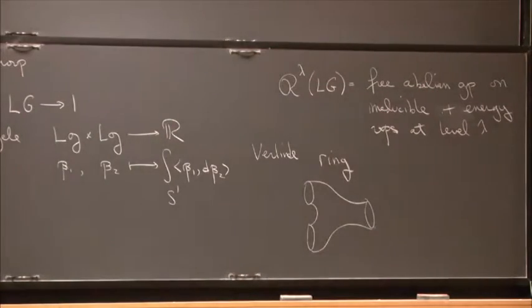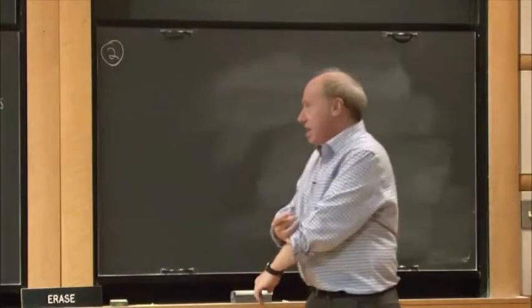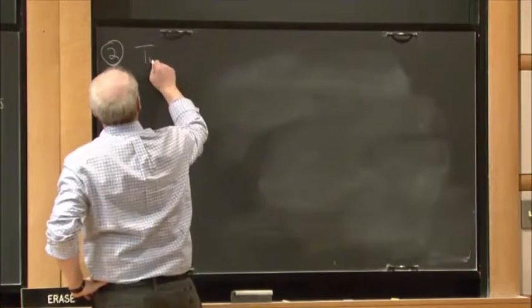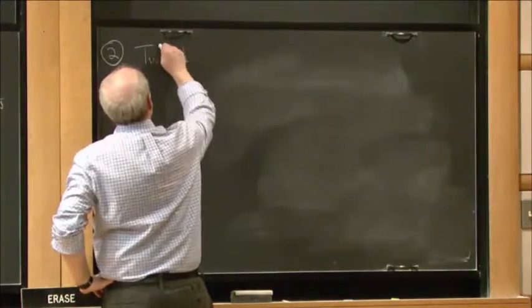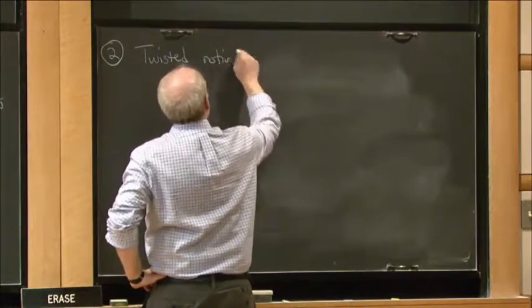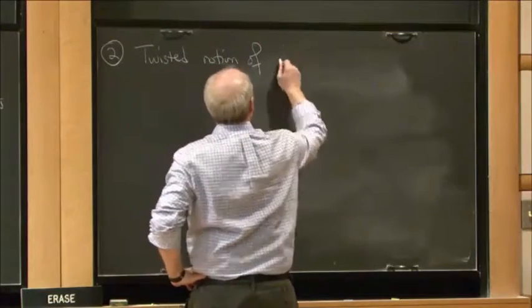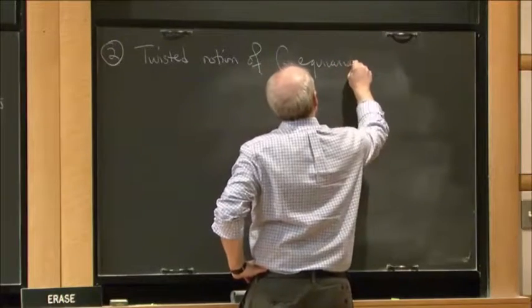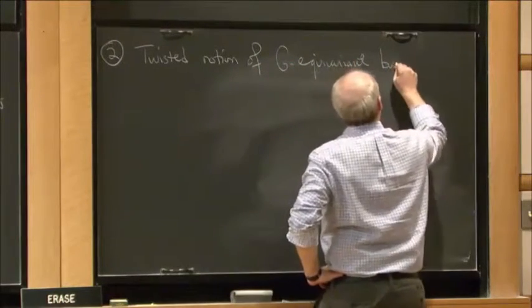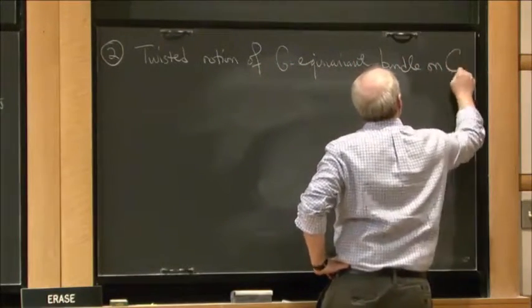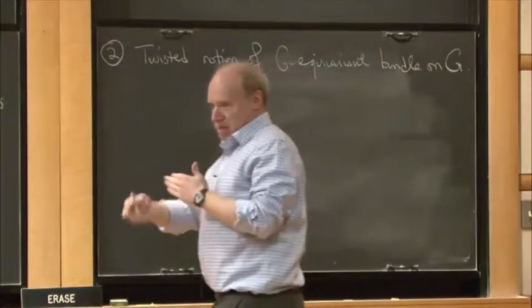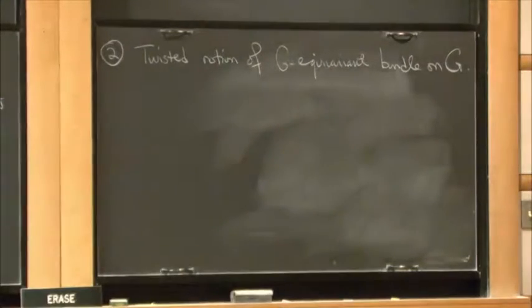The second transgression of this data is to the group itself, and it gives a twisted notion of G-equivariant bundle on G. Here I want to think of the group G with its action on itself just by conjugation.